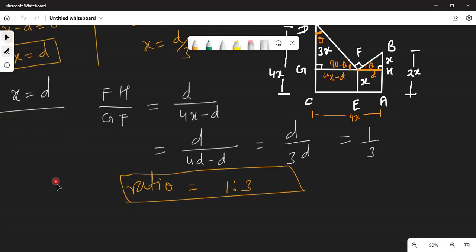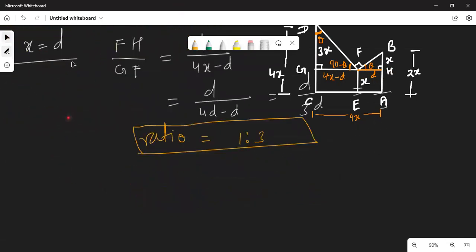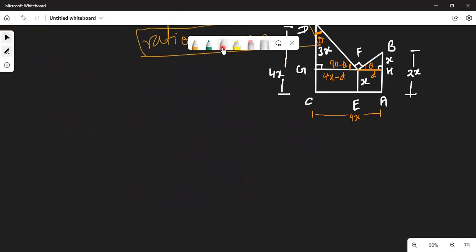And there can be one more case when x is equal to d by 3. So let's write that. Case 2, when x is equal to d over 3. Then also we'll find the ratio, which is FH divided by GF. So that would be d divided by 4x minus d again.